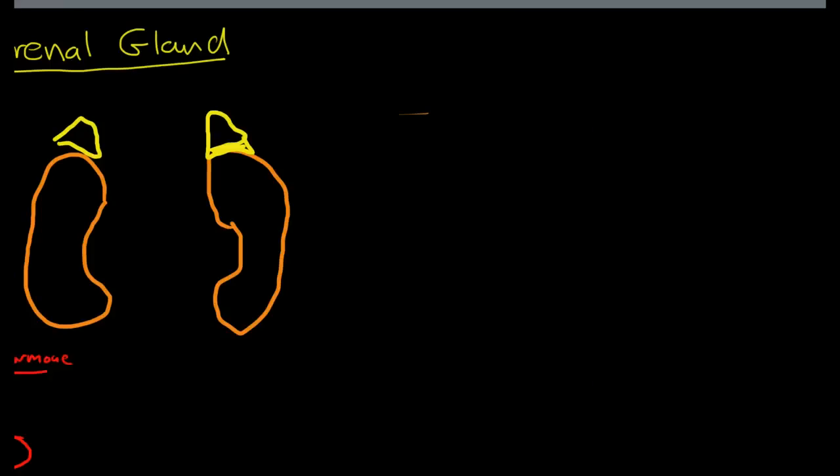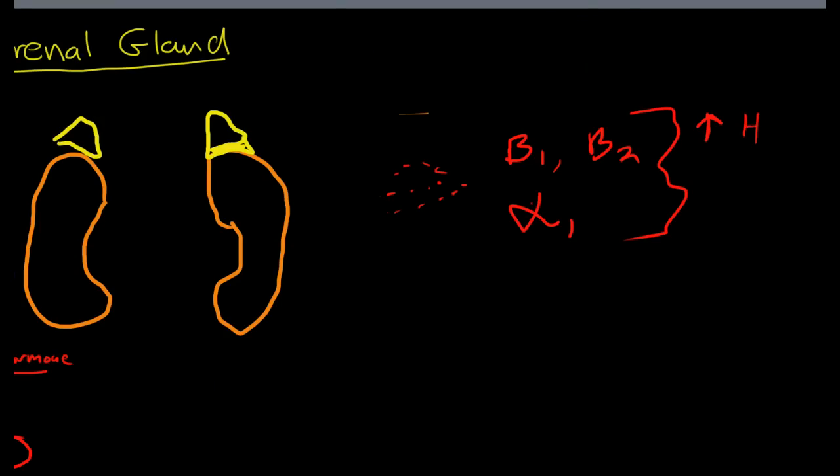And everybody is very familiar with the effects of epinephrine and norepinephrine. Remember, if epinephrine and norepinephrine are allowed to float through the bloodstream, you end up with them coming into contact with the beta 1, beta 2, and alpha 1 receptors, and you end up with increased heart rate and increased inotropic response.